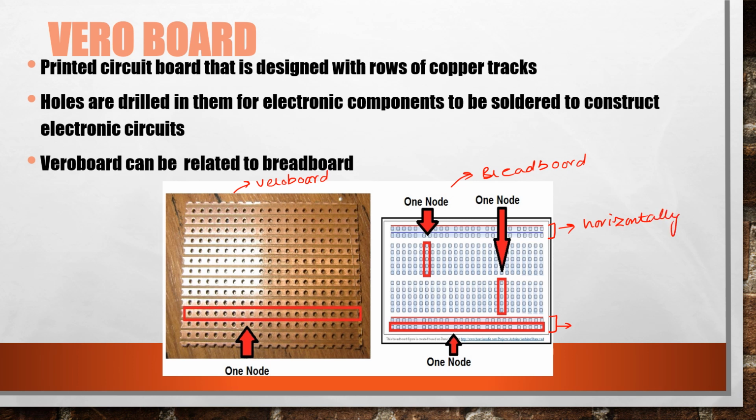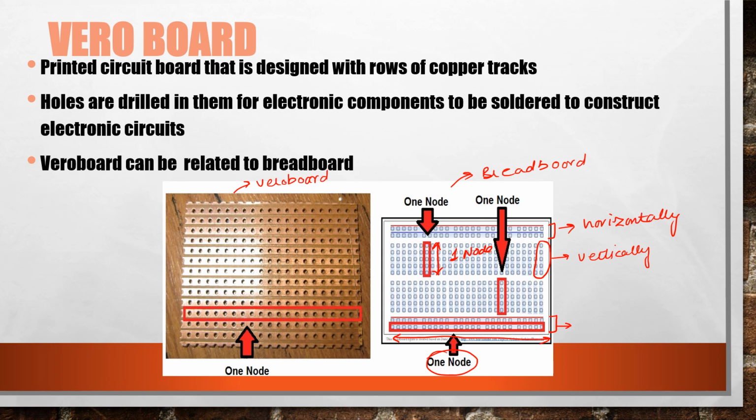So we can say that this is one node. We know that these holes that are present in the middle portion of breadboard, they are connected vertically. So we can say that this is one node.